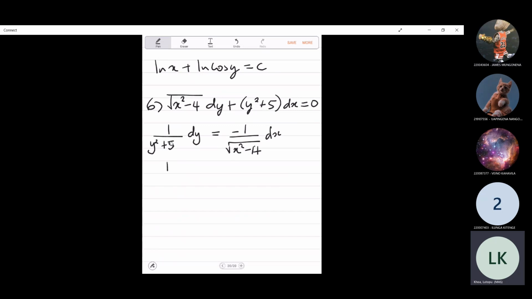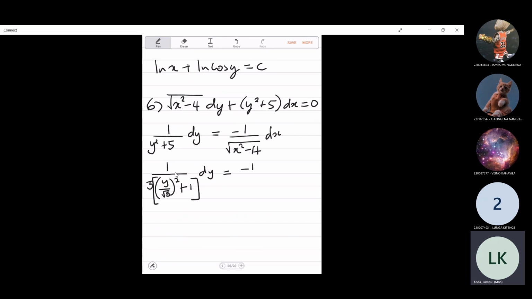So I have 1 over 5 times (y over the square root of 5) squared plus 1, dy. This is equal to minus 1.